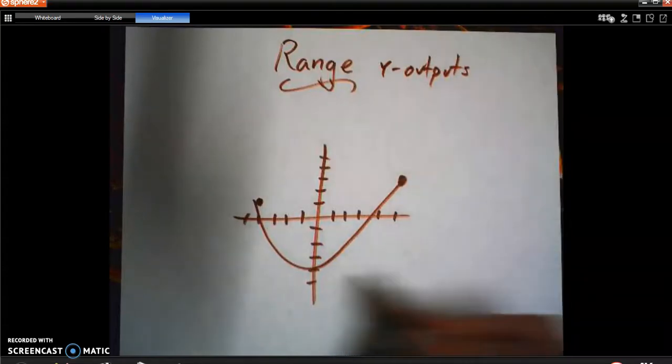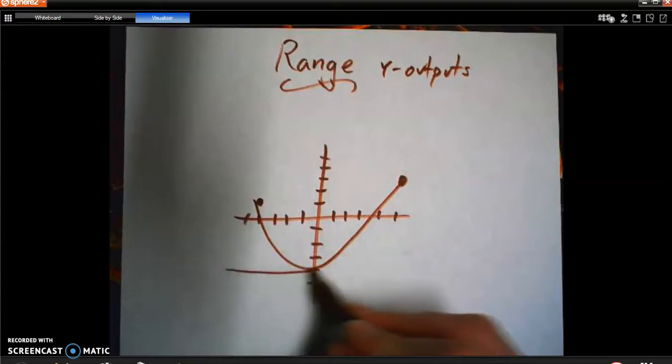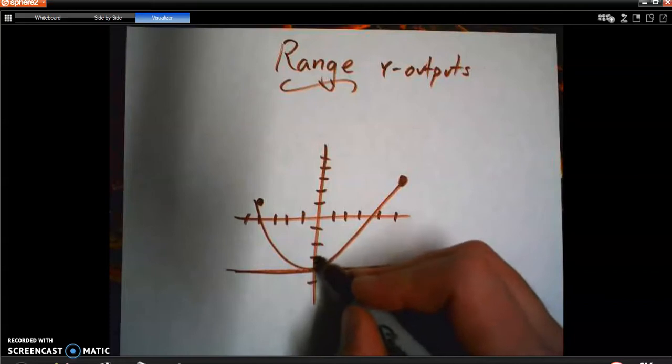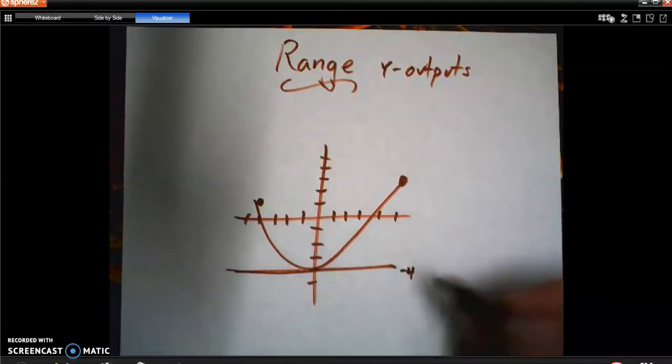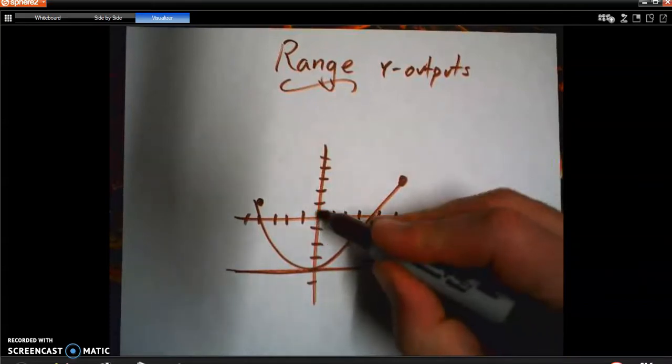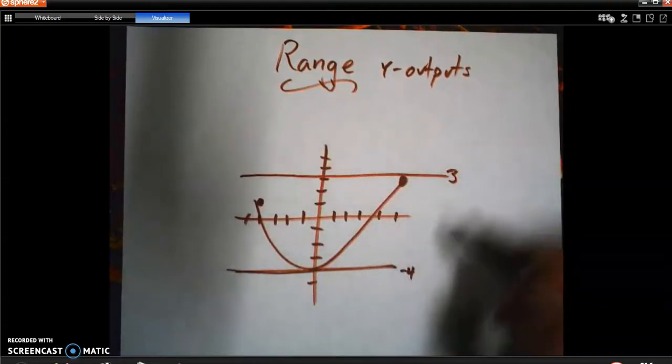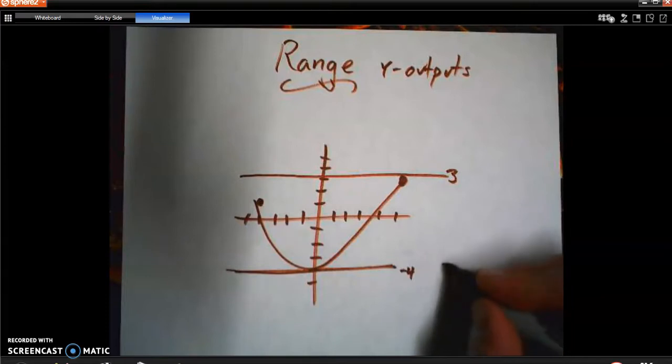Well, if you look, the lowest it goes is right here. This is the lowest parameter, and it's at 1, 2, 3, 4. It's at -4. And the highest this goes is up 1, 2, 3. It goes up 3 right there. So the range is from -4 to 3.